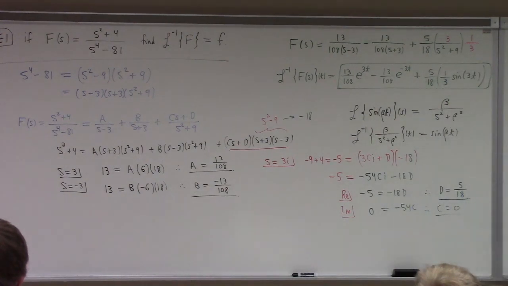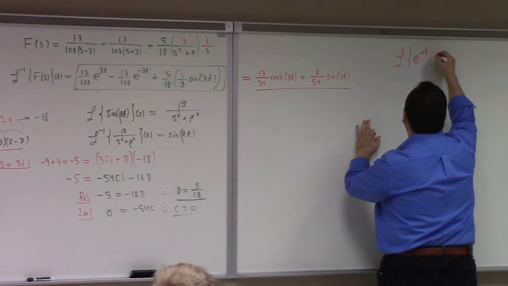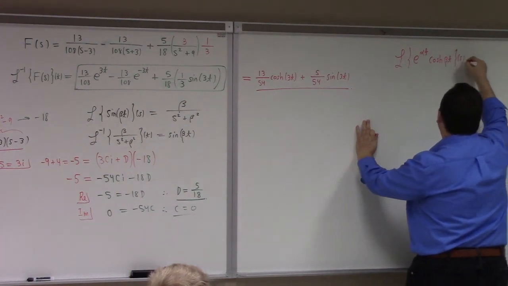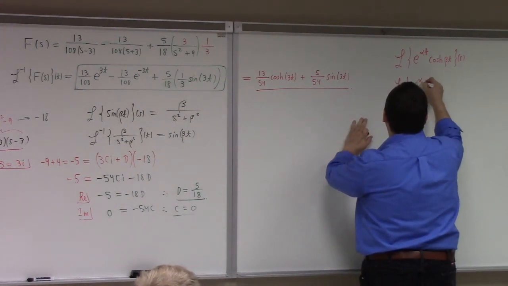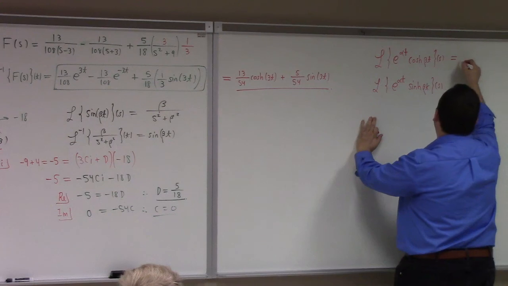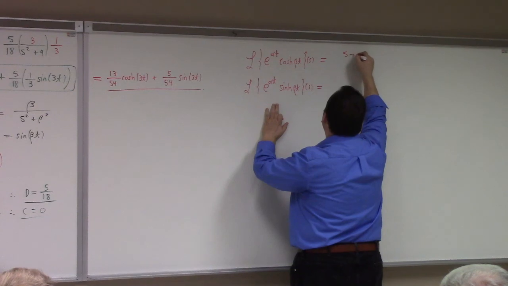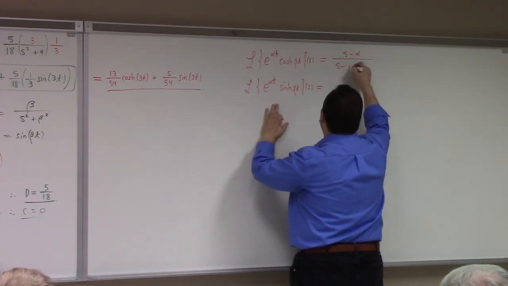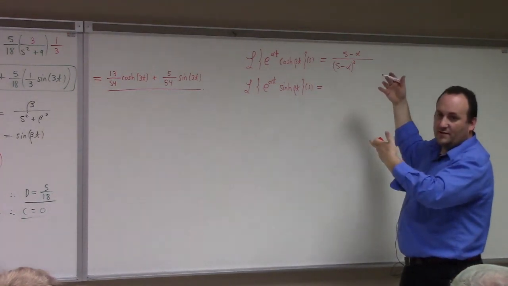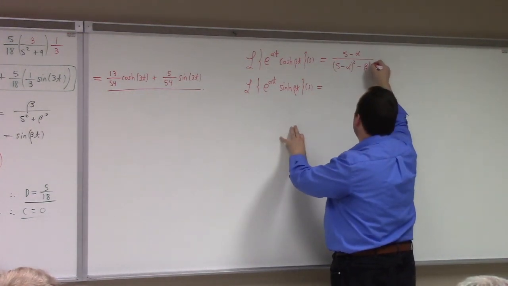Fun fact. The Laplace transform of e to the, say, alpha t cosh beta t, and the Laplace transform of e to the alpha t sinh beta t, guess what these are? This actually works out to s minus alpha divided by s minus alpha squared. And it's a hyperbolic cosine instead of a cosine. You know what changes? The sign. That's it. Minus beta squared. Otherwise, same formula as cosine.